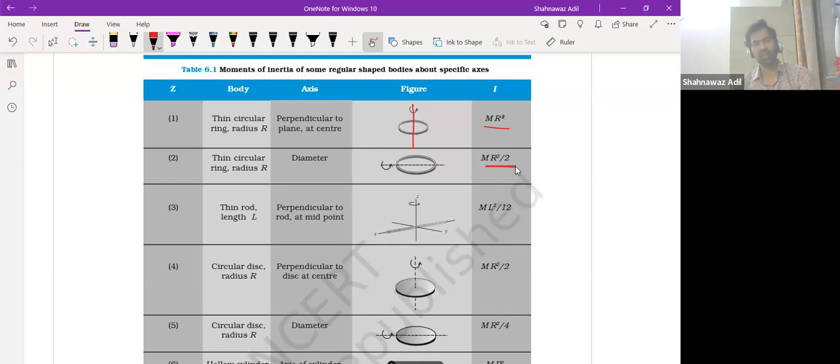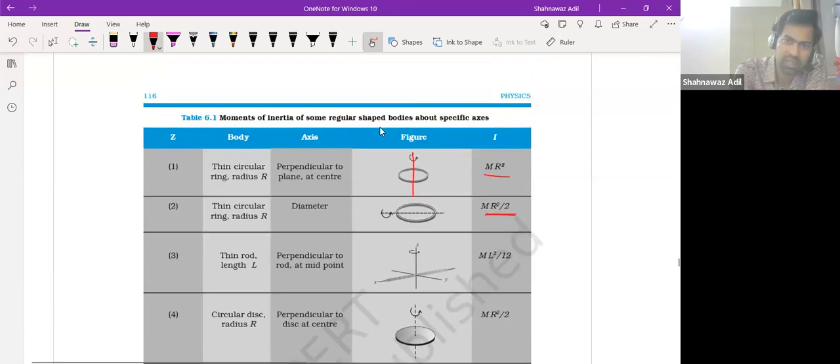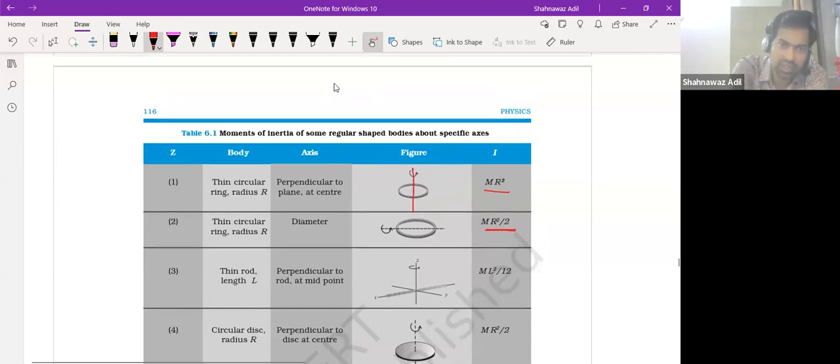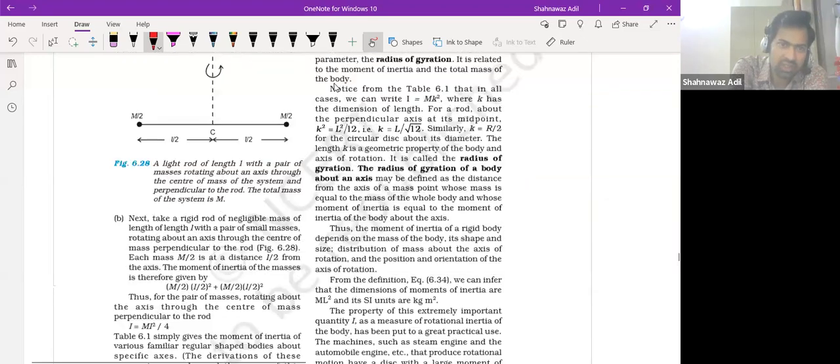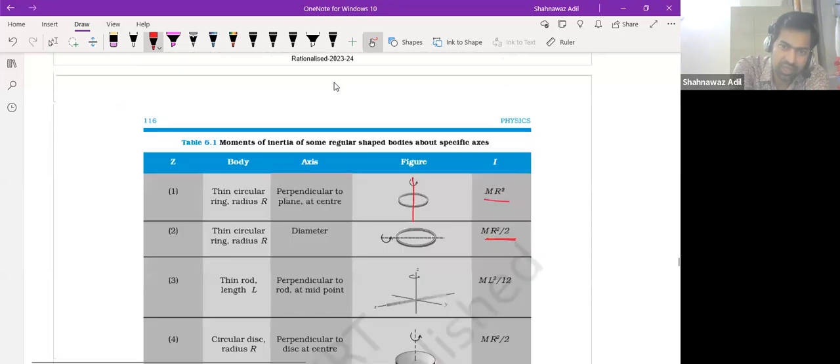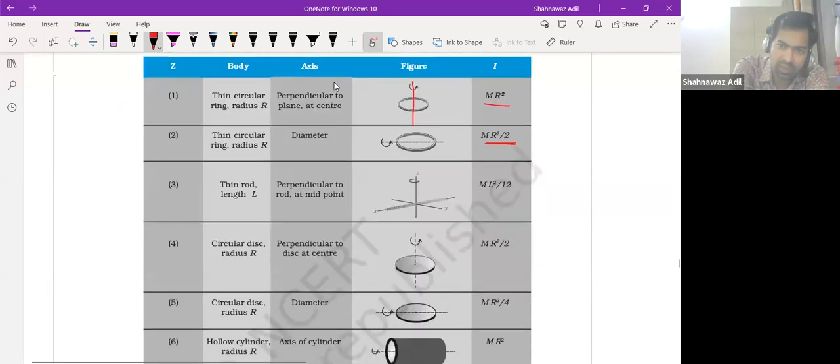Earlier, the perpendicular axis theorem and parallel axis theorem were used to calculate the moment of inertia, but those have been omitted from the syllabus, so we are not discussing them. You only have to remember all these values.